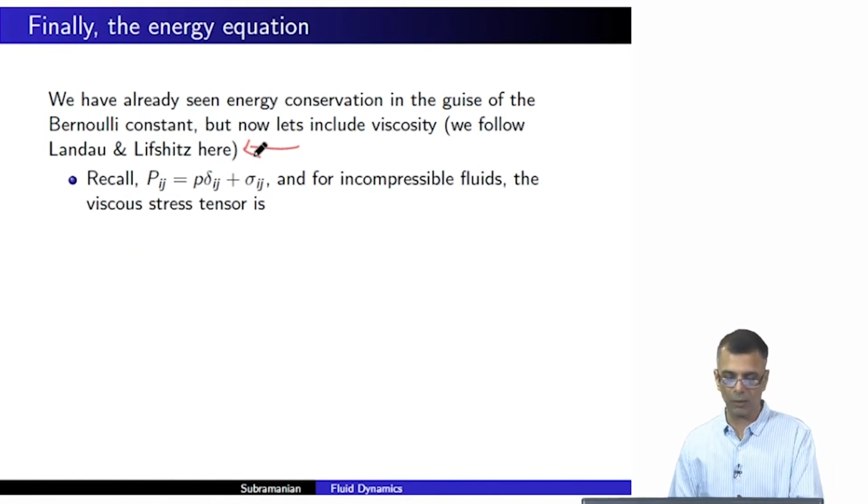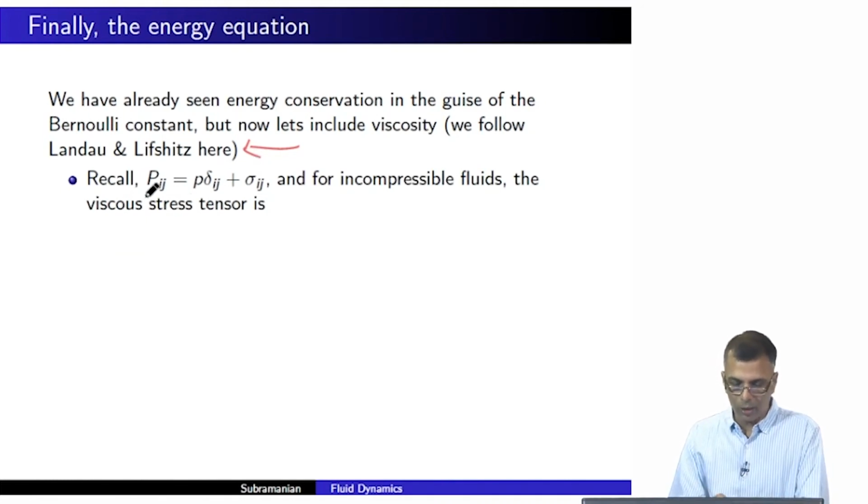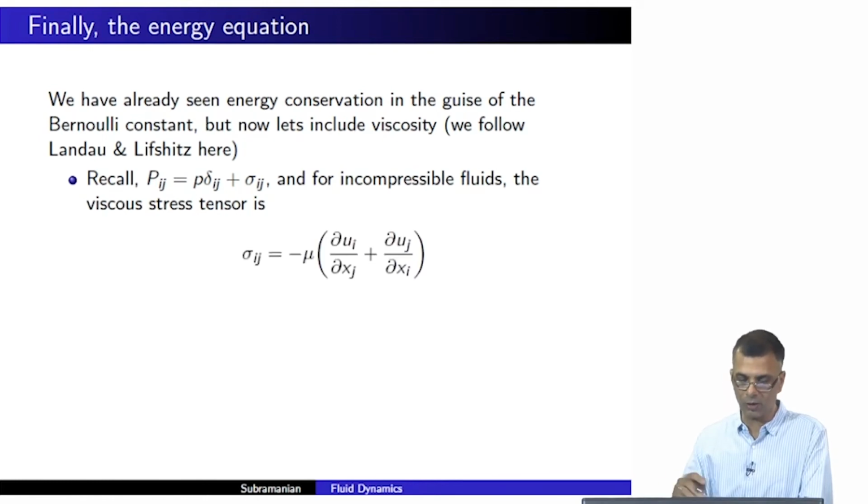Now recall the pressure tensor. We split it up into the diagonal part and the off diagonal parts, right? And this includes the off diagonal parts, and this includes the regular thermodynamic pressure. And for incompressible fluids, the off diagonal part was just this.